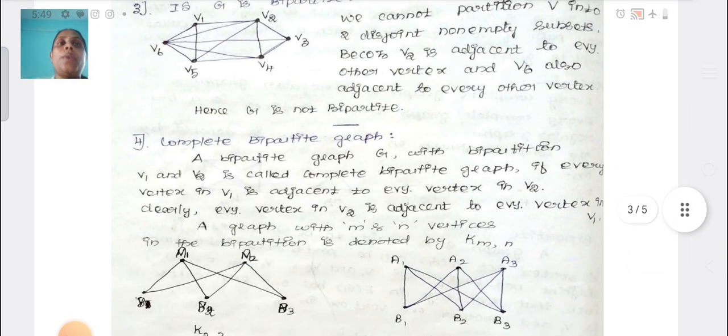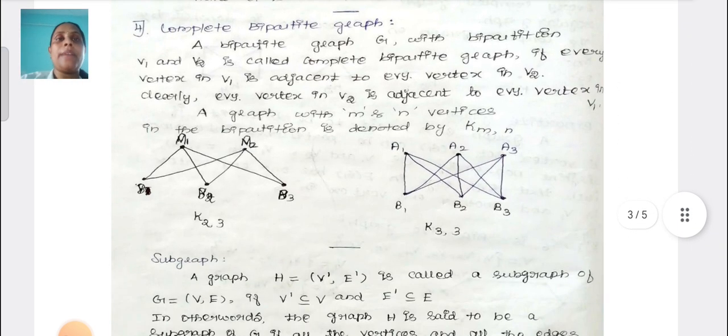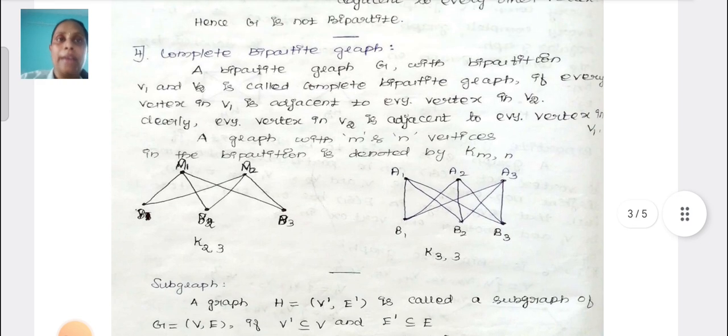Okay, next we are going to see about the complete bipartite graph. A bipartite graph G with bipartition V1 and V2 is called a complete bipartite graph if every vertex in V1 is adjacent to every vertex in V2.